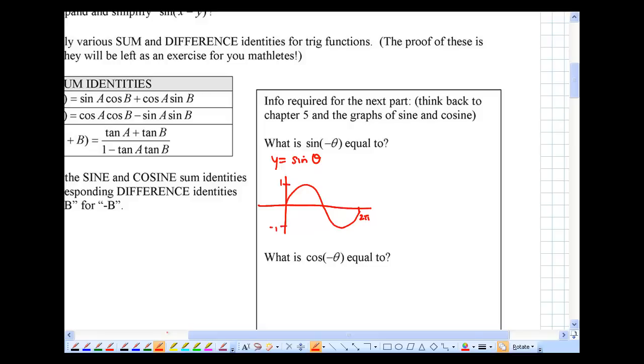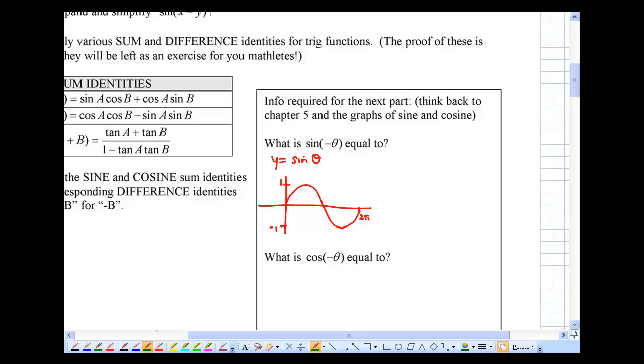Good. What do you think happens when I do sine of negative theta? Well, that negative there means what? Yeah, that negative means you do a reflection in the y-axis.